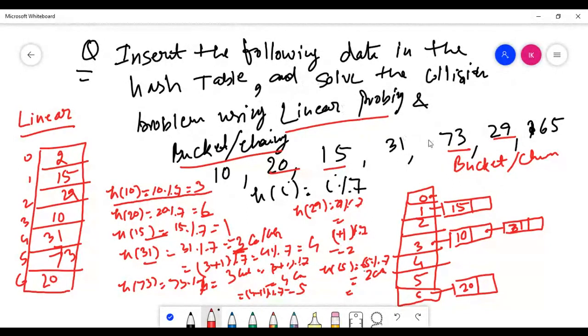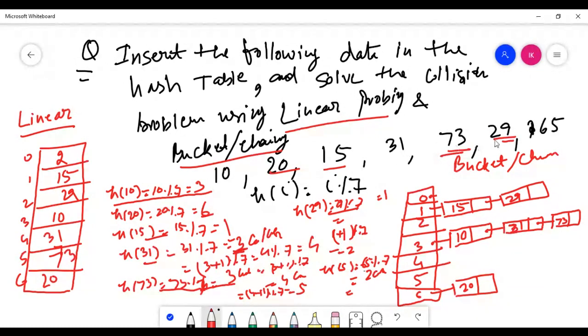Okay, next 31, then 73. 73 comes at 3 again, just add 73. And okay, next number 29. 29 gives 1, so no need to go next, just make a chain.